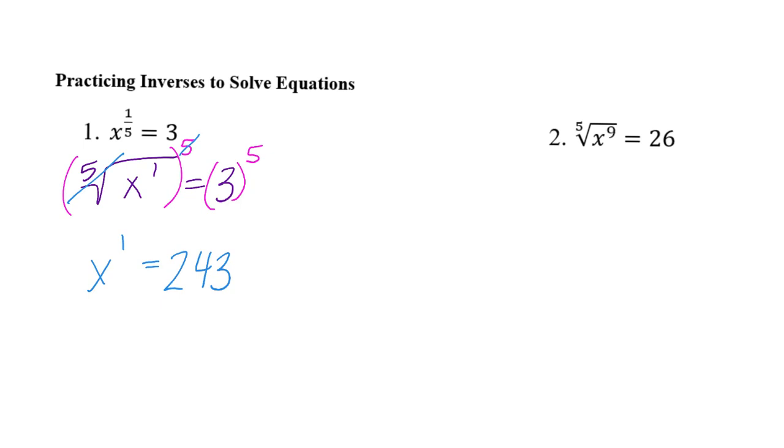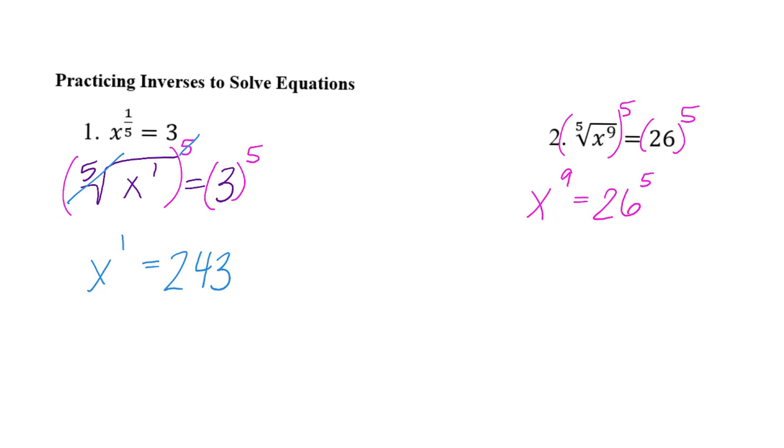Now on number 2, you'll notice that it already is written as a radical. So what we need to do is work from the outside in. So we want to get rid of the 5th root first. So we want to raise both sides to the 5th power, which I know 26 to the 5th power is kind of big. We're actually going to leave it the way it is. So x to the 9th equals 26 to the 5th power because that number is really, really big. And then we want to get rid of the 9th power. And the way we do that is we do the 9th root.